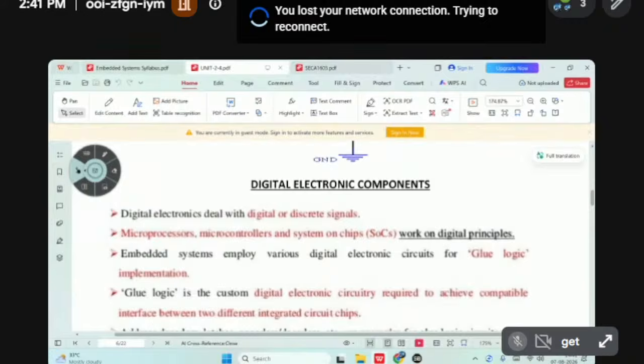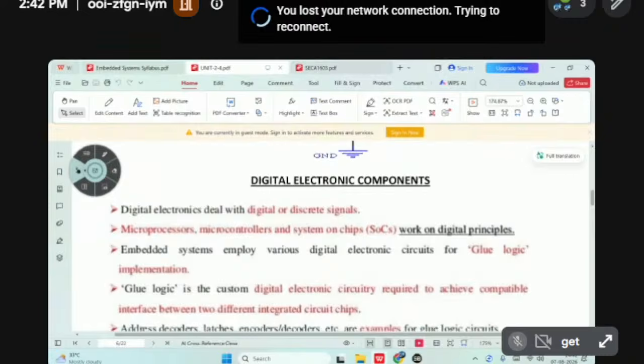Now, I would like to discuss the concept of digital electronic components. With the help of digital electronic components, I can generate the digital signal, means a high signal as well as a low signal. Digital may be called the discrete signal.